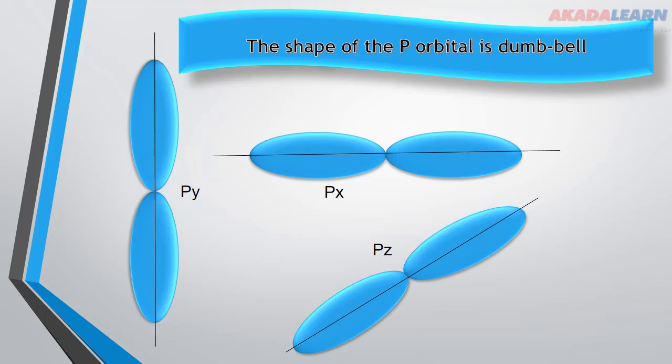The shape of the p orbital is called dumbbell, and this is how it looks as you are seeing on your screen. The px orbital is horizontal, while the py orbital is vertical. You can see that the pz orbital is perpendicular to the other two.